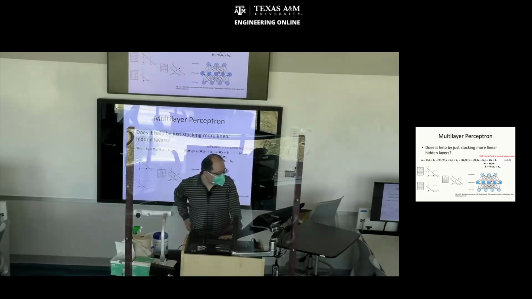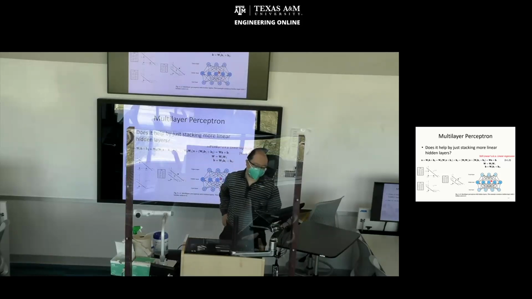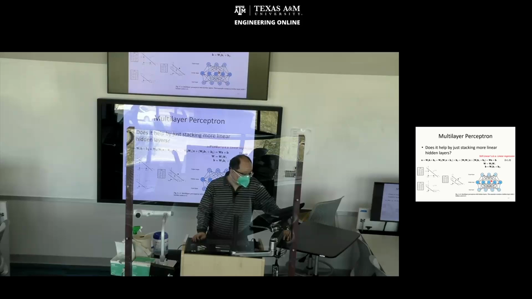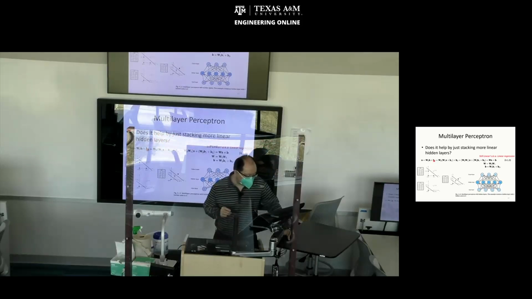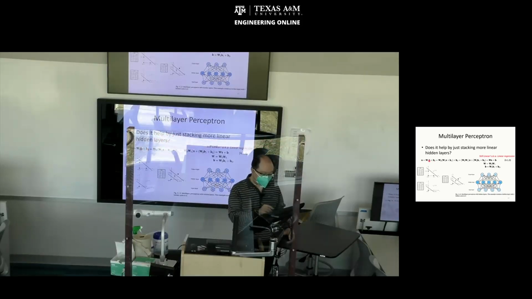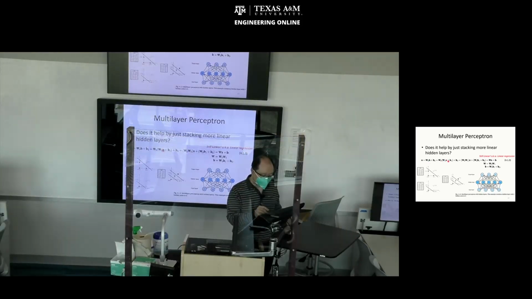So let's look at one example. In this case, we use two layers. Your O is W2H plus B2. And then your H, the input to the second hidden layer, is the output of the first hidden layer. So you can replace H by W1X plus B1.